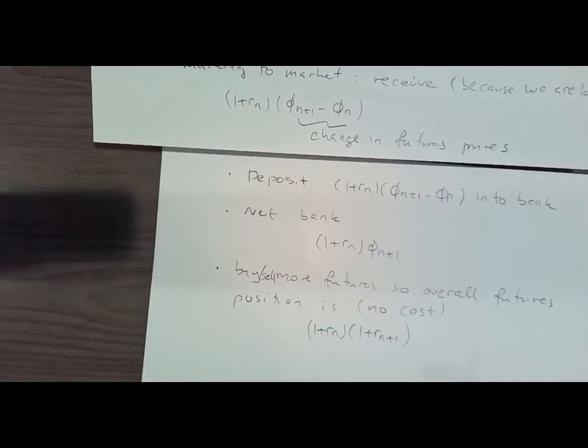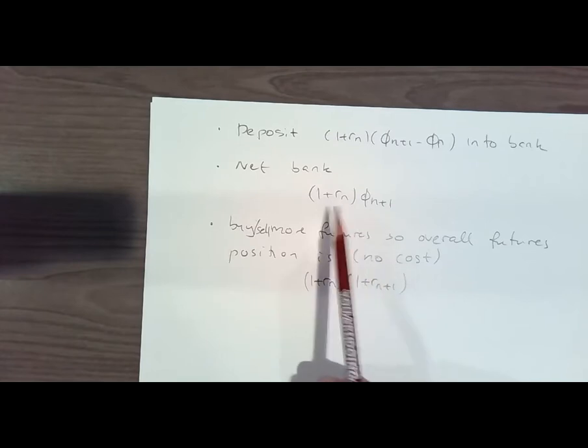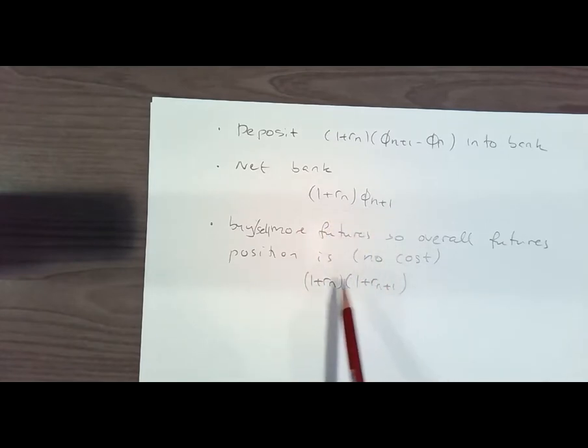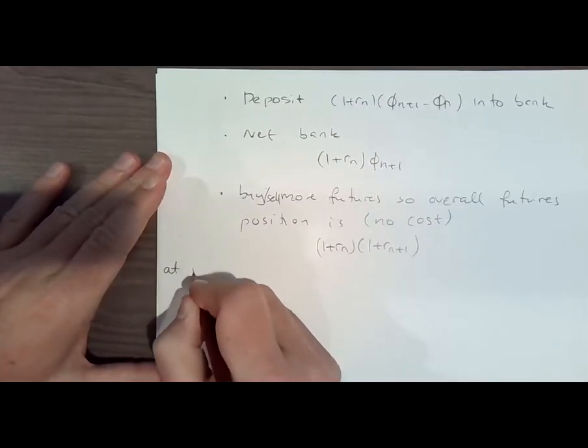So what we have now at time n plus 1 is a net bank balance of 1 plus Rn times phi n plus 1, and we are long 1 plus Rn times 1 plus Rn plus 1 futures. Now we move up to the next time, n plus 2.